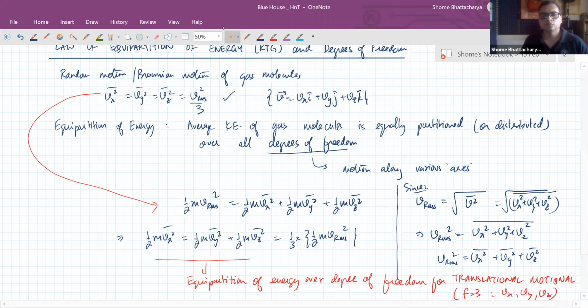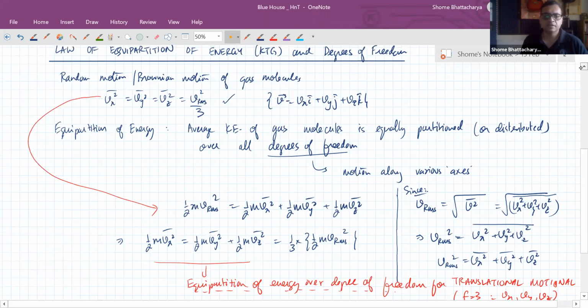So you can have motion along 3 mutually perpendicular axes, and we say there are 3 degrees of freedom for translational motion. Each of those degrees of freedom has an equally partitioned amount of average kinetic energy per molecule. That is the meaning of the statement of equipartition of energy. So just note down up to this point.